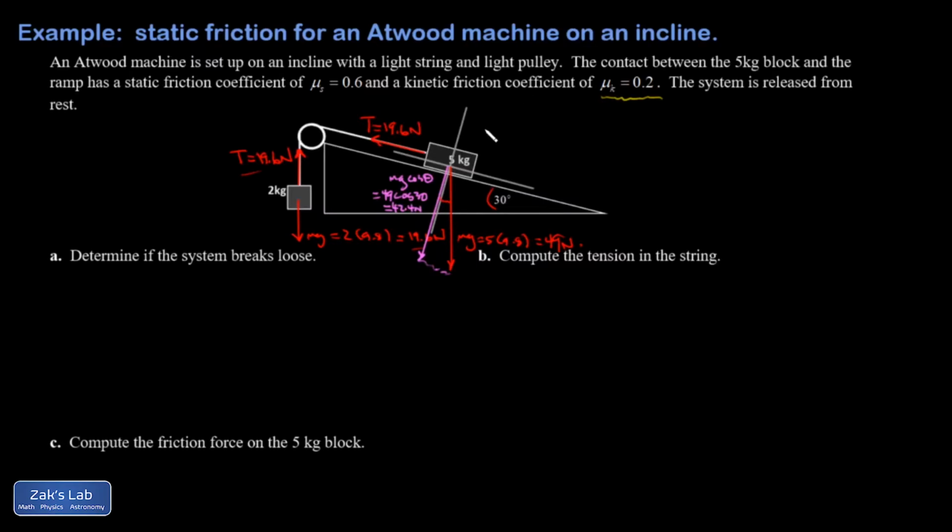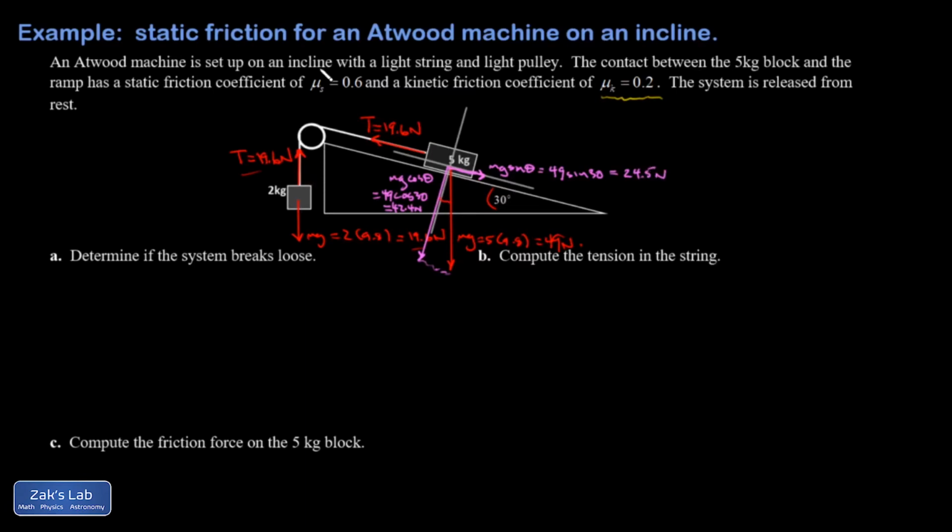Then I look at the parallel component, and that's going to be mg sine theta, or 49 sine 30. Sine 30 is 1/2, so this is 24.5 newtons.